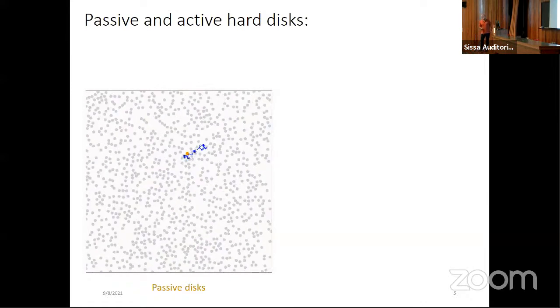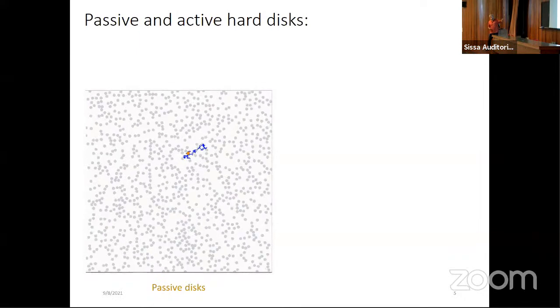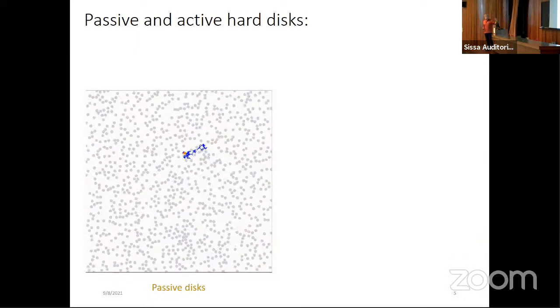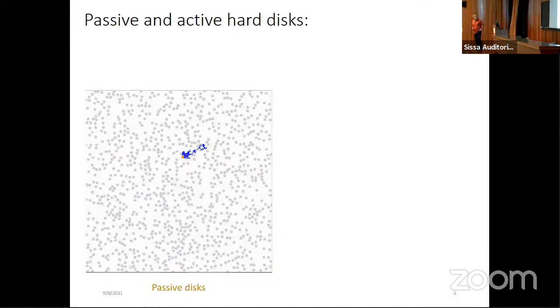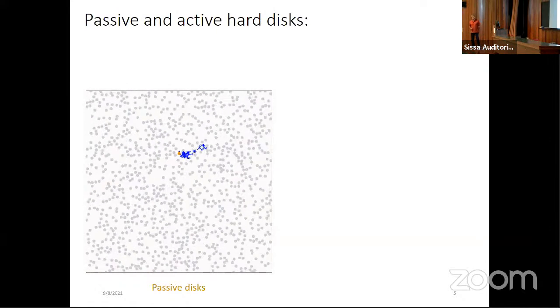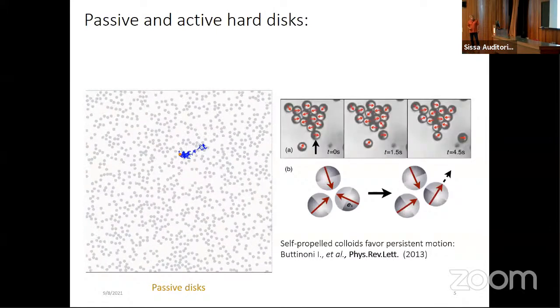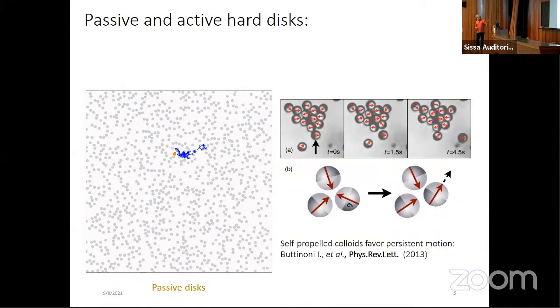So they are hard disks, and there is a tracer particle, the yellow one, and this is the kind of motion that one can observe at a relatively low density. Sorry, maybe you don't. It's okay. Yeah.